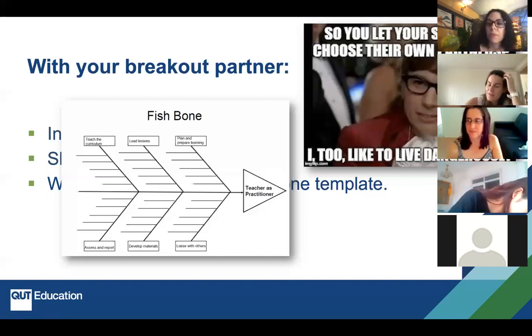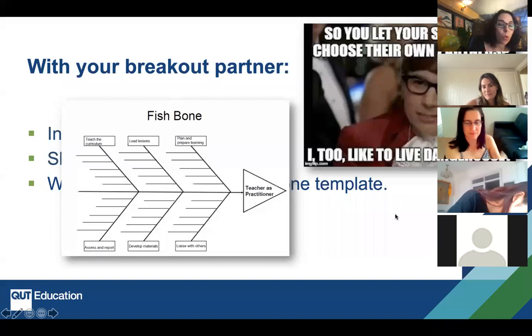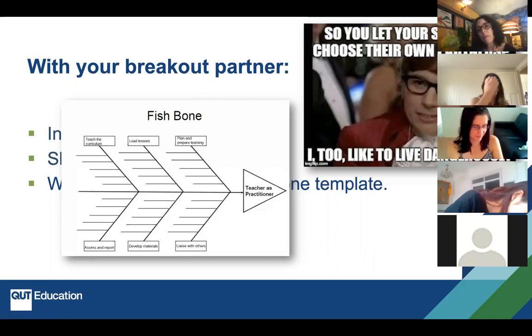Okay. I think the multitasking that teachers have to do. Oh, yeah. And collaborating and communicating everywhere by the looks of things. That's a big one. A lot of people have typed in liaise with others, assess and report. So some of them may have gone across a few of the categories or responsibilities.